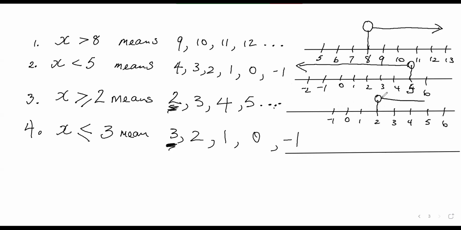Now, this is greater than 2, but because it's an equal to, I have to make it a solid circle. So 2 is in the basket, so it fills the circle. All right? That's just a nice way to remember it.